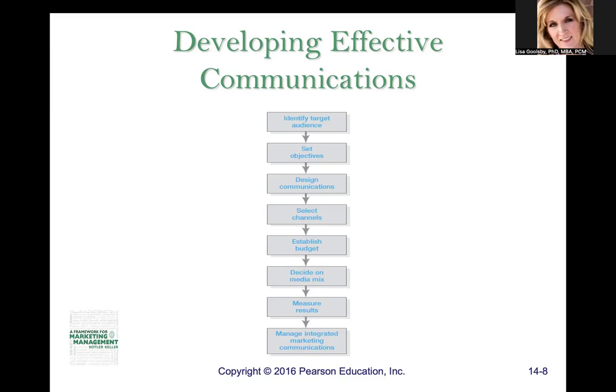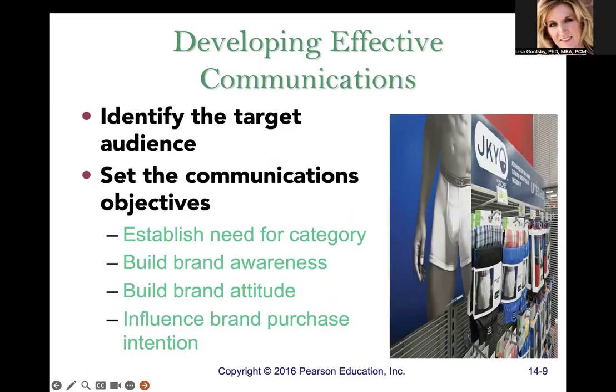And so then we have to manage that whole process of our integrated marketing communication. How are we going to continue this process? How many messages do we need to send? What is our return on investment based on how we communicated with our consumer?